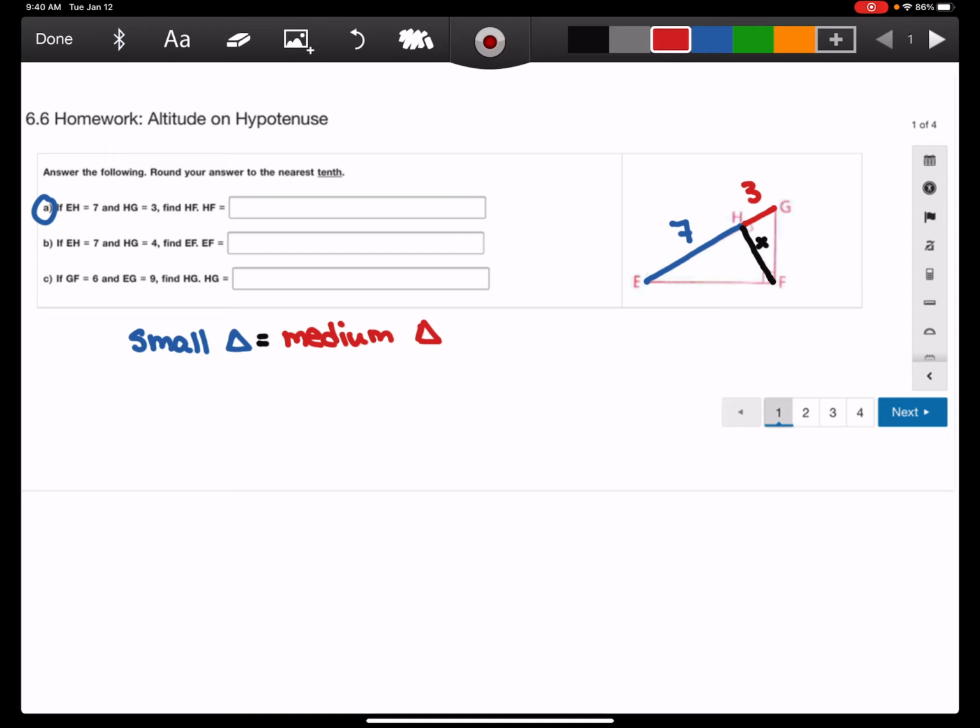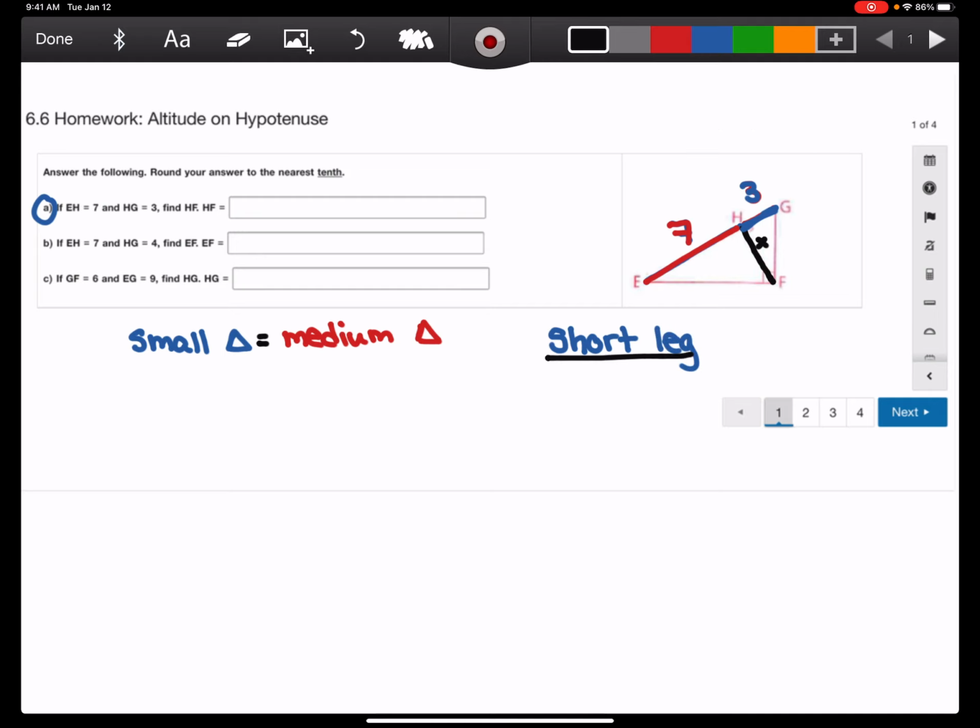Now, we need to determine which sides we're given on each of these triangles. So if I look at this, on my small triangle, that's what I'm going to focus on first. And I realized I probably should have done this as 7 and 3 in red, and then 3 should be in blue here. So let me go ahead and just change that real quick. So if I look at this, 3 on my small triangle is the short leg. So I'll have short leg, because that's one of the pieces that I'm given.